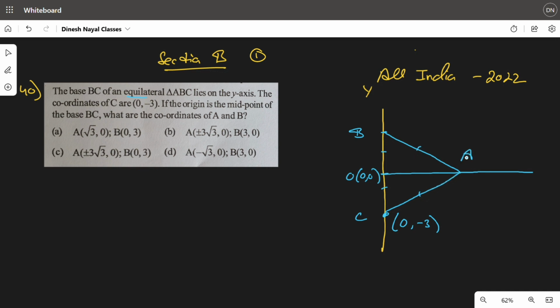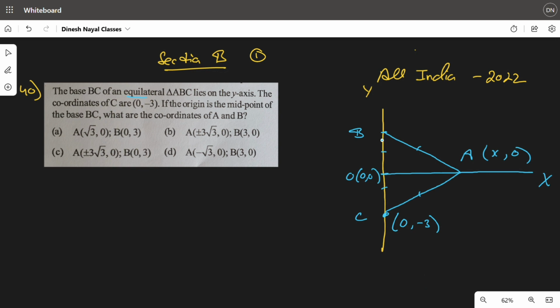Consider this point A. Sorry, I think A will lie on the x-axis, because BC is the base on the y-axis, and O is the midpoint of BC. So A is going to be lying on the x-axis. Take these coordinates as x, 0. So the question is, what are the coordinates of A and B? You have to find the coordinates of A and B.